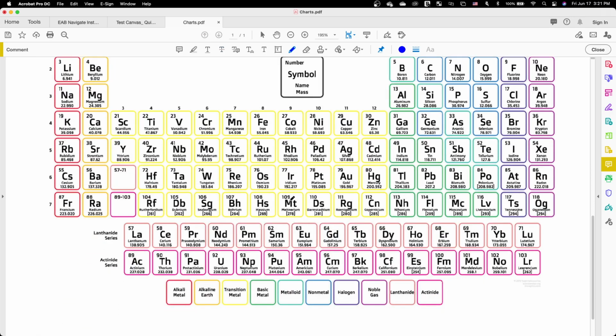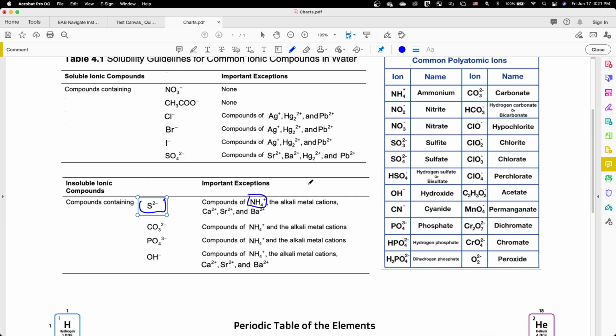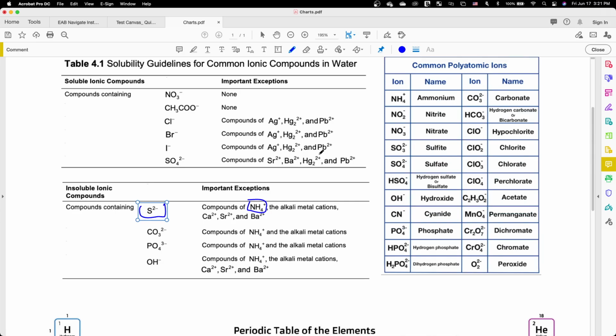And so over here on the chart, we have hydroxides right here at the bottom. And it turns out that all hydroxide compounds are insoluble, except for ones with ammonia, calcium, strontium, and barium.